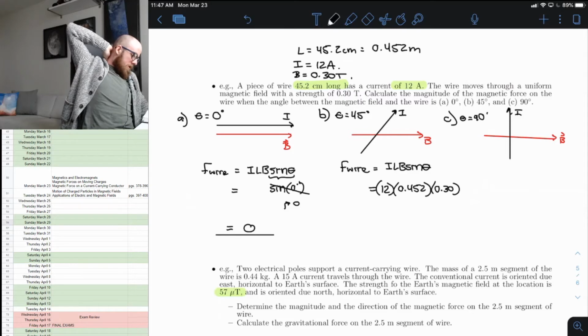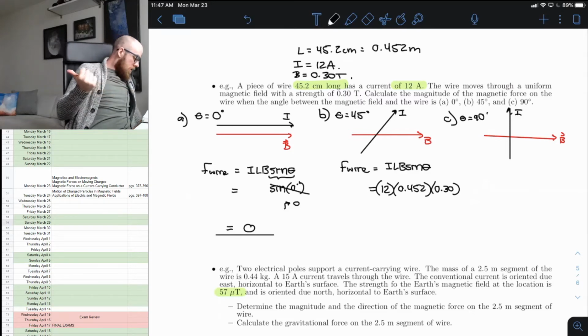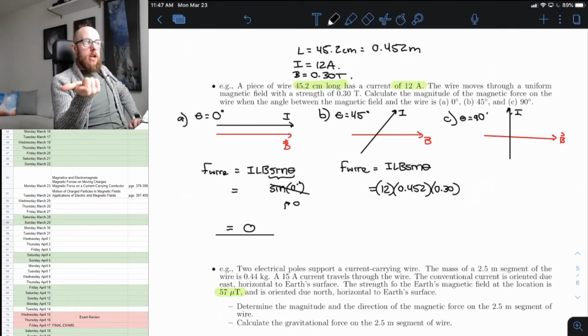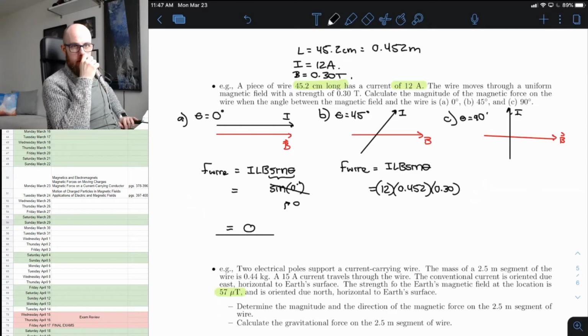Let's make sure here. So the thumb points in the direction of the current. Your pointer finger points in the direction of the magnetic field, and your palm or your middle finger points in the direction of the force.